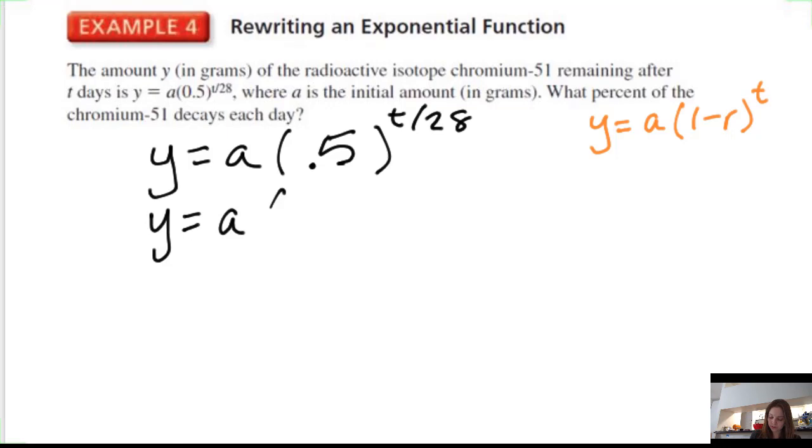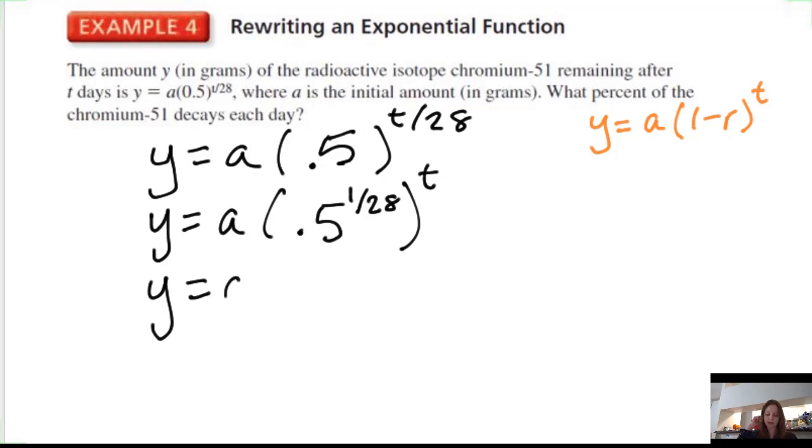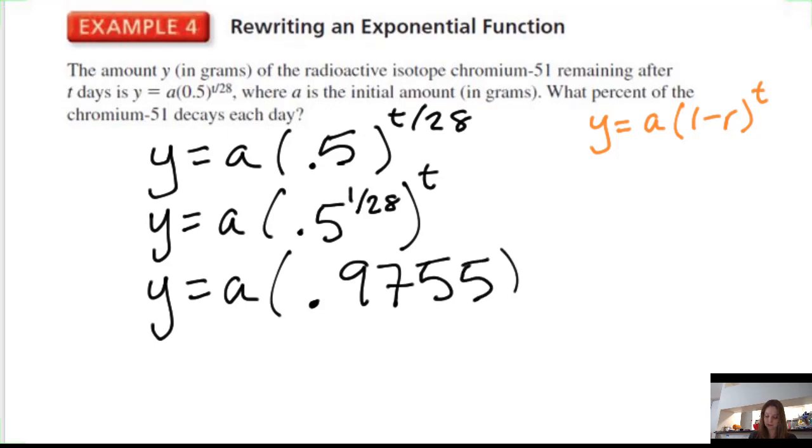I can rewrite the formula as 0.5 to the 1 over 28th, or the 28th root, all to the t power. I am using the power property of exponents. Then y equals a times, and 0.5 to the 1/28th, or the 28th root of 0.5, is approximately 0.9755, all to the t power. I'm so close to getting it in the right format.